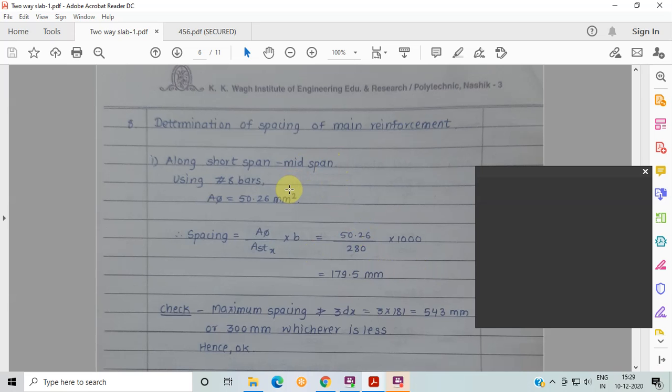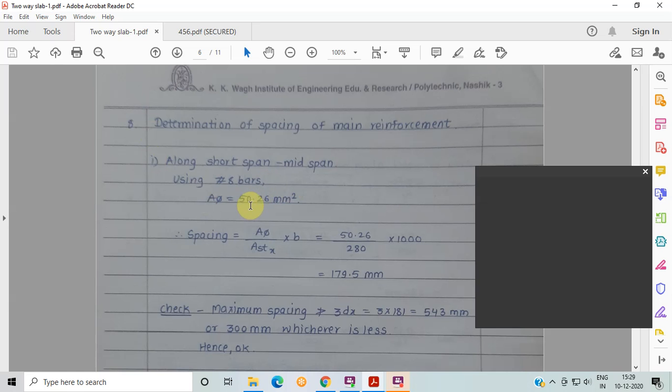Calculate AST provided. Now check for deflection. Already we have provided depth by using serviceability criteria initially. But there, while calculating the modification factor, we have assumed PT as 0.3%. Let's see whether that 0.3% is correct or not. So here ASTX provided is 296, so this check is to be done along shorter span.